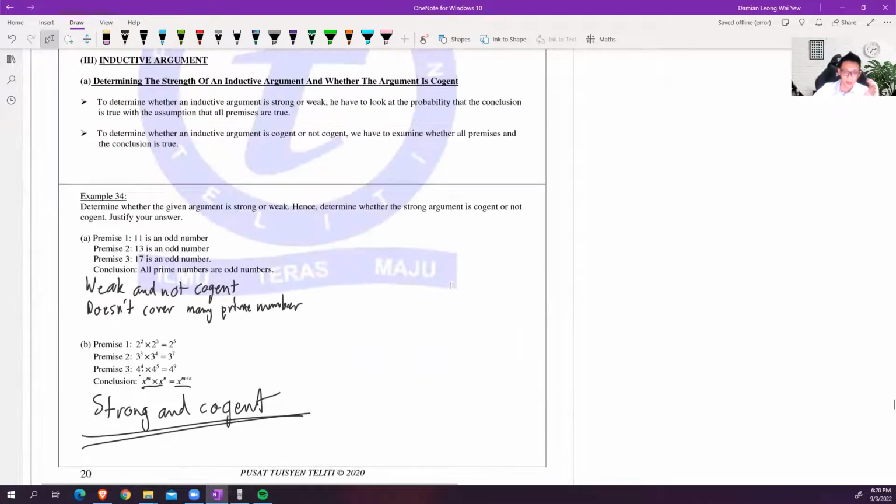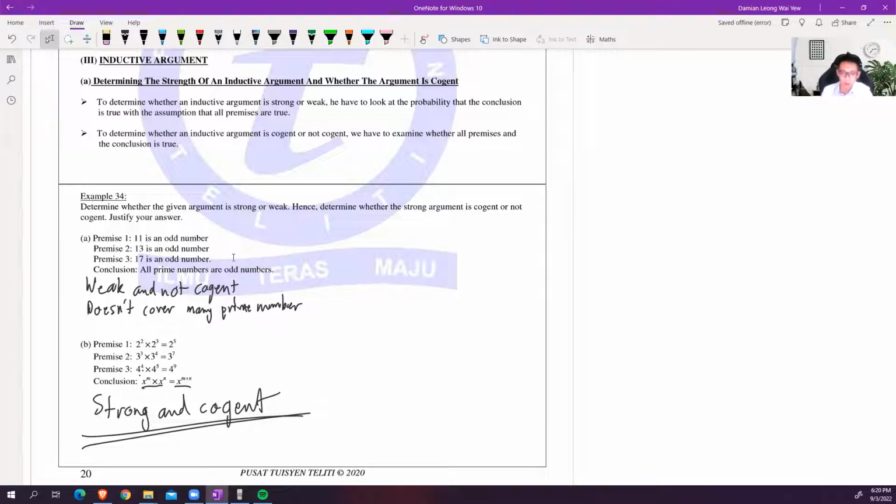Okay, then inductive argument means based on a few premises, we conclude and see the pattern whether or not it's true. So argument strong or weak is assuming that all the premises are true, whether the conclusion is likely to be true or not.